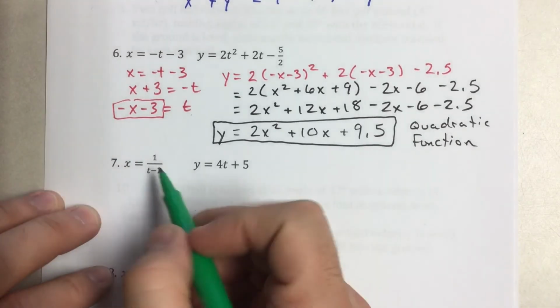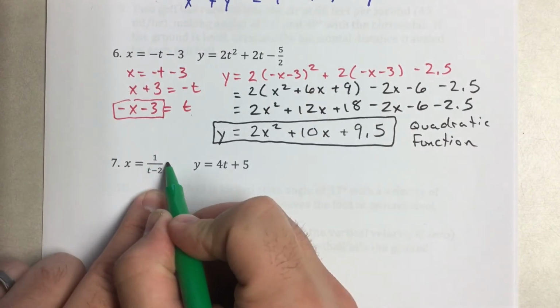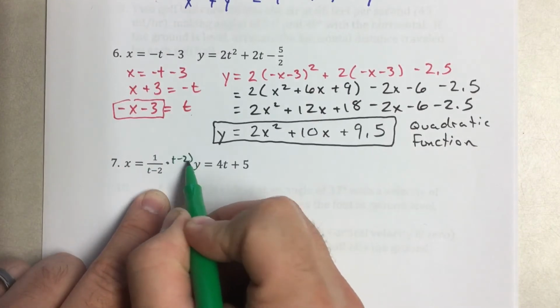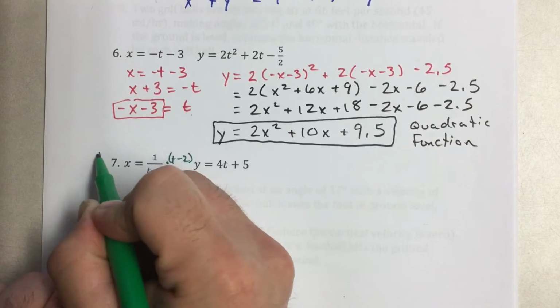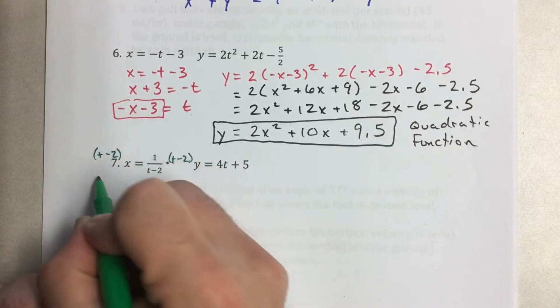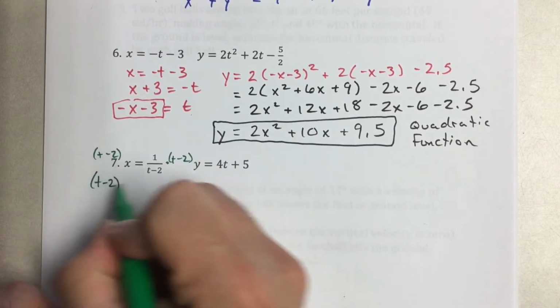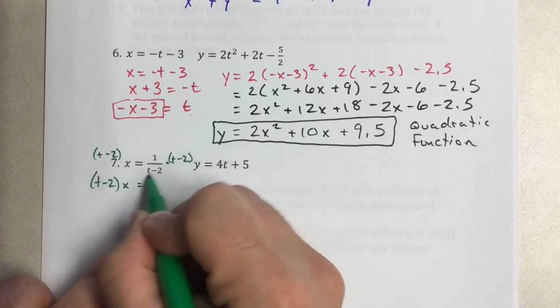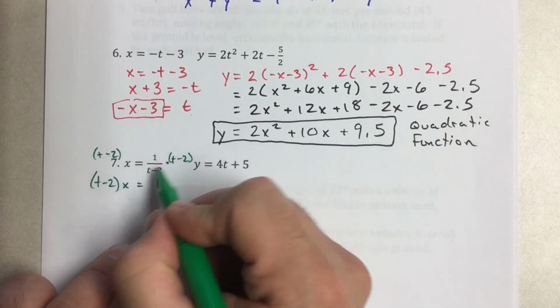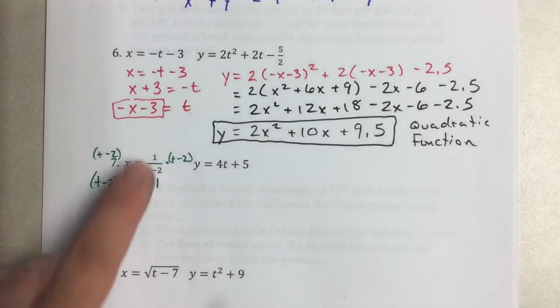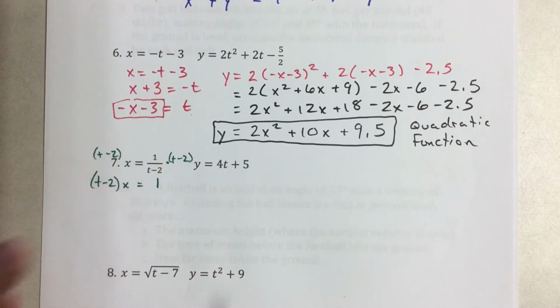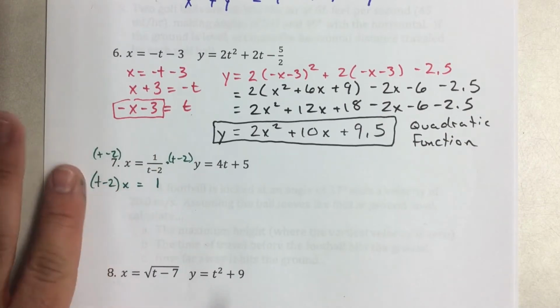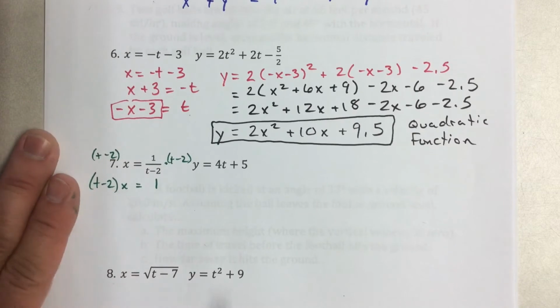I'm going to multiply both sides by t minus 2, okay? Which gives us t minus 2 times x equals just 1, because the purpose here was to cancel the denominator. So we're left with 1. Now I'm trying to get t alone, so I'm not going to distribute the x.